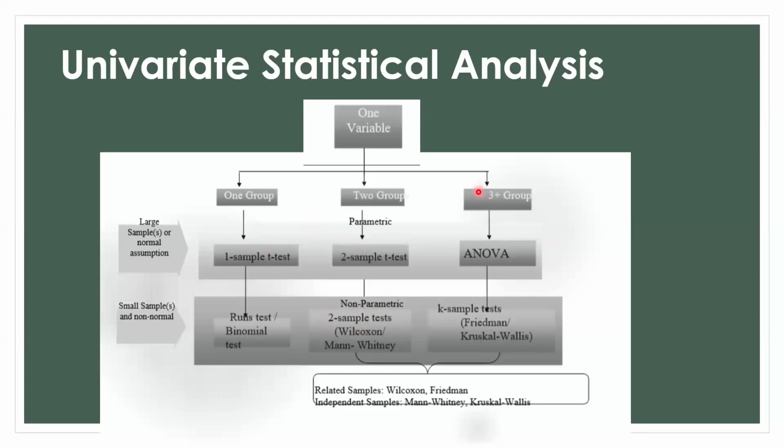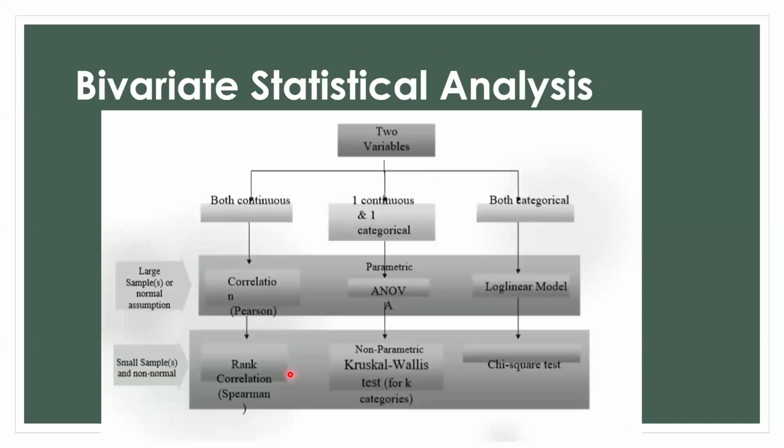And there will be another situation where you have one variable but more than two groups. Then you have to look for ANOVA, analysis of variance, as a parametric tool, right? If the data is not normally distributed, you can go for K-sample, Friedman, and Kruskal-Wallis. Right, so that is the one variable situation.